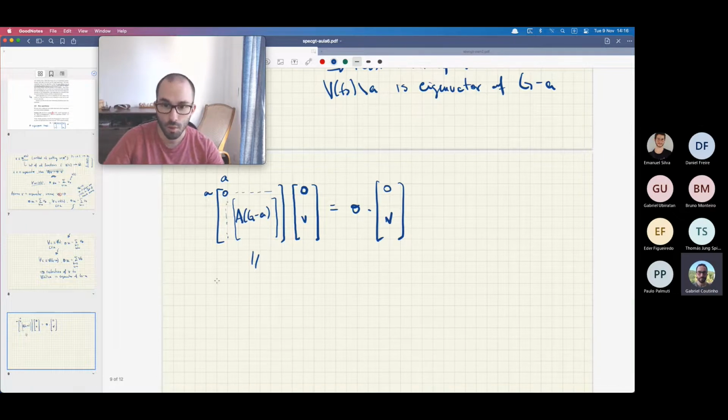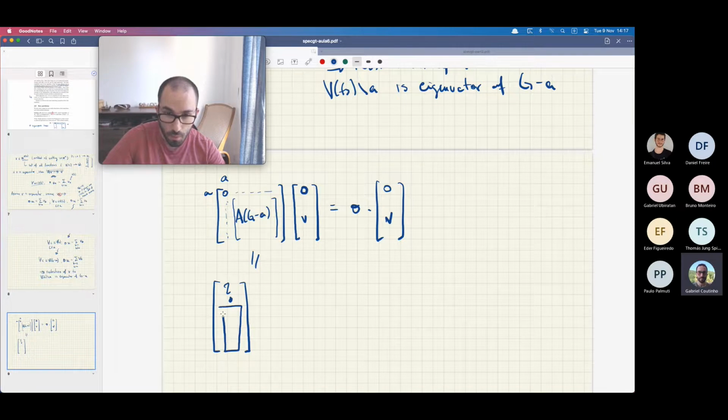But you can also rewrite this product. There's going to be something here, which is this row times this column. But here it is going to be this row times this column, this row, this column, and so on. But all of these entries will be killed by this 0.